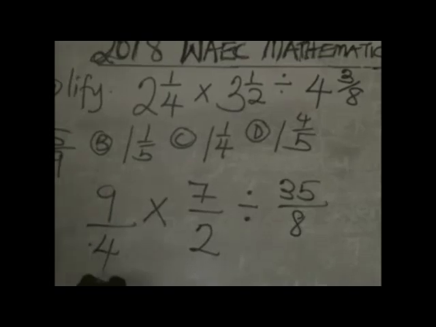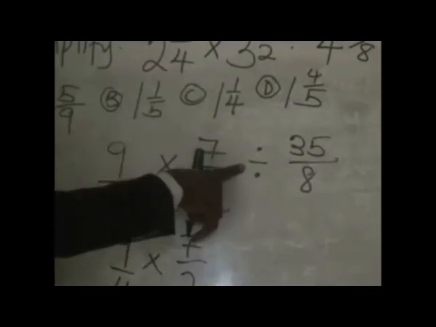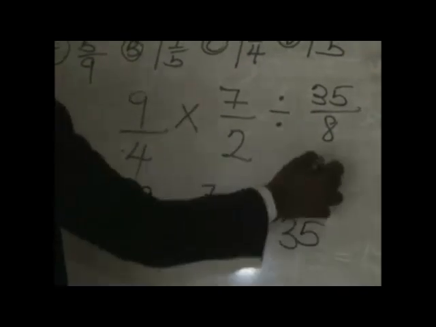So what you simply do is 9 over 4 times 7 over 2. You can invert this by introducing a multiplication sign, so it becomes times 8 over 35. Just try and cancel out the numbers: 4 can go here 1, 4 can go here 2, 2 can go here 1, 2 can go here 1, 7 here 1, 7 can go here 5.